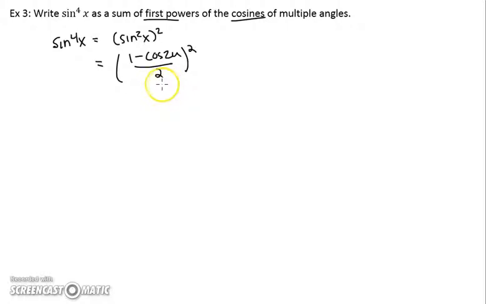So if we square that, we are going to get 1 minus 2 cosine 2u plus cosine squared of 2u all over 4.